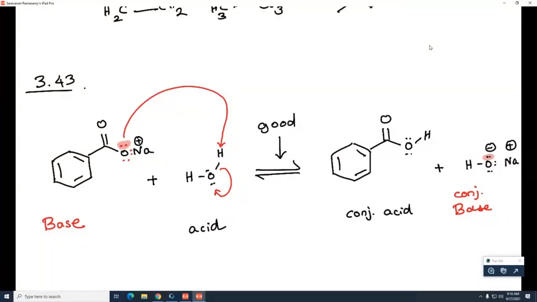The lone pair on the reactant side has a resonance possibility because that's allylic. This is an allylic lone pair. It moves to the oxygen, moves back and forth, so it's delocalized. The lone pair is delocalized. And on the product side, the lone pair is localized. A delocalized lone pair is more stable than a localized lone pair.